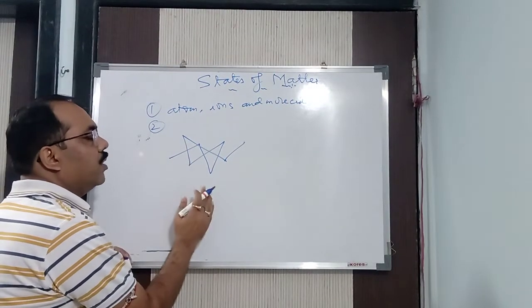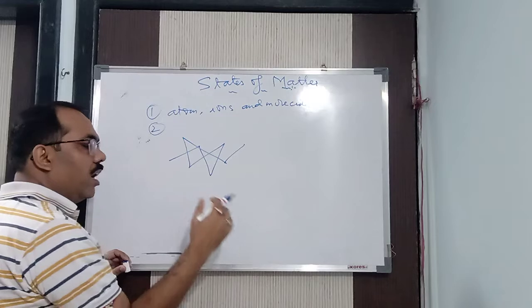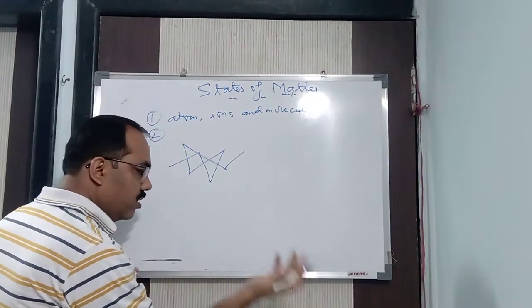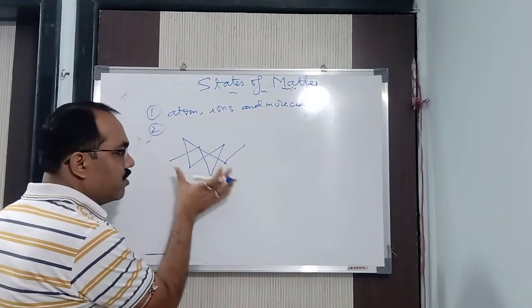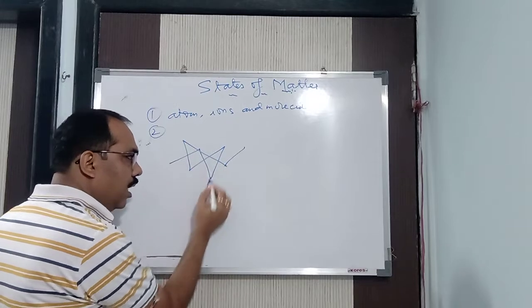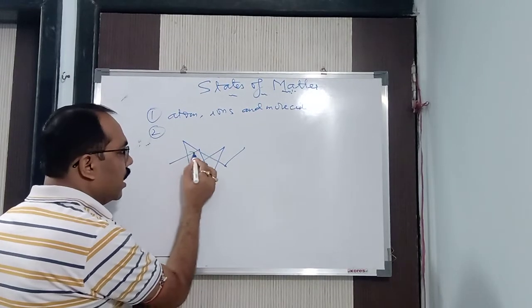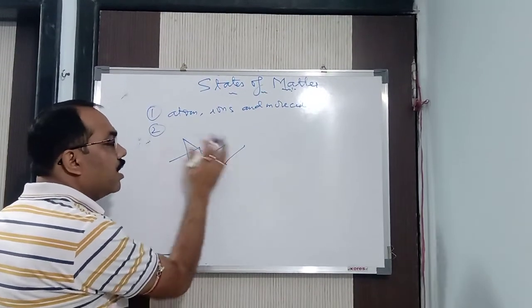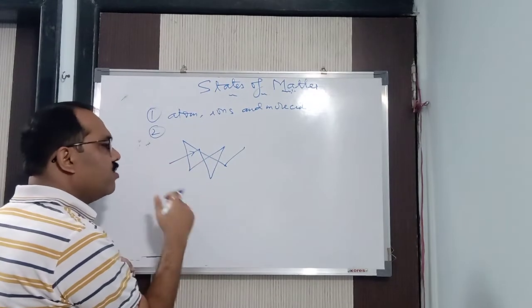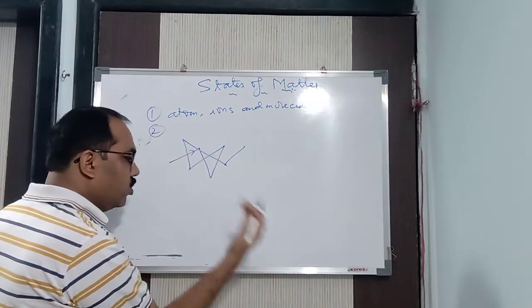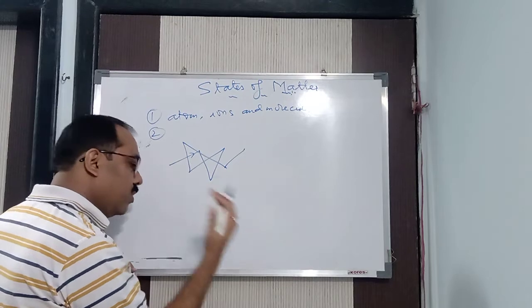Suppose you are seeing it for 1 minute, and after 1 hour you see the same thing: the particles are still in motion, still colliding with one another in random motion. Got it? Even after 1 or 2 hours, the particles continue to be the same.